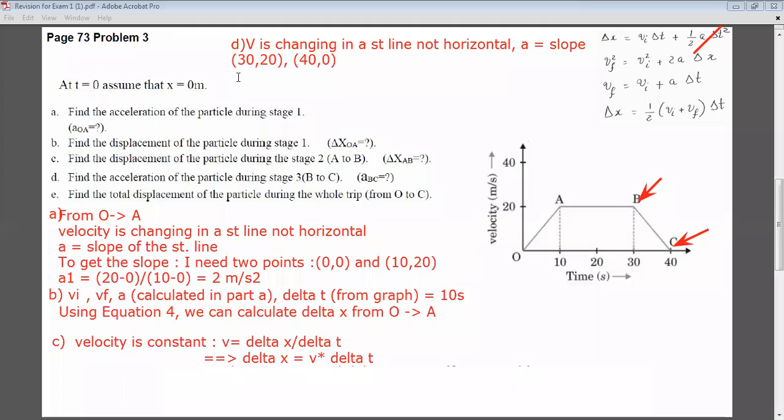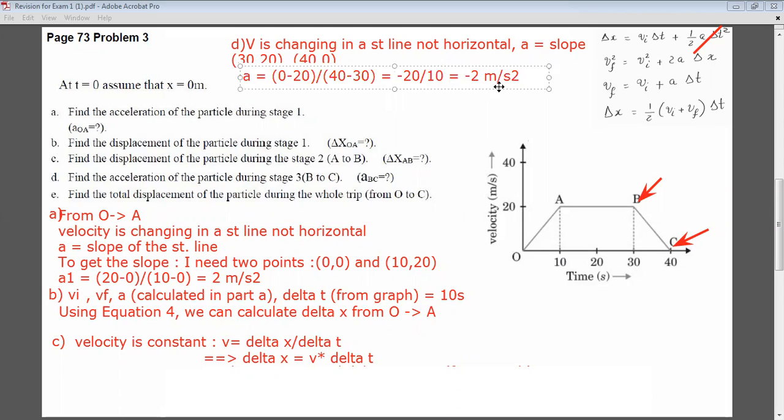So A will be V2 minus V1 divided by T2 minus T1, that is 0 minus 20 divided by 40 minus 30, and this gives me minus 20 divided by 10, which is minus 2 meters per second squared.